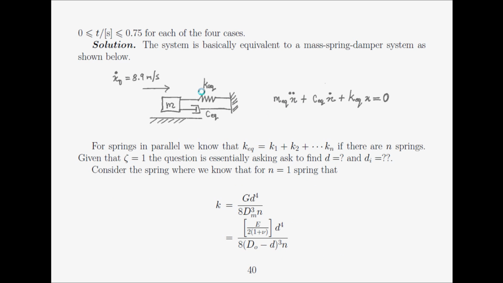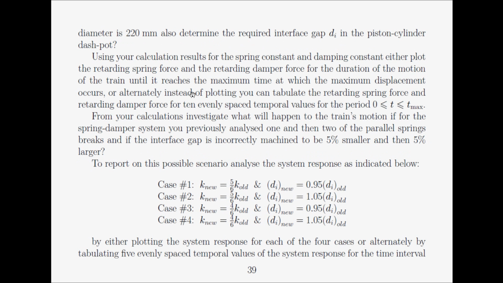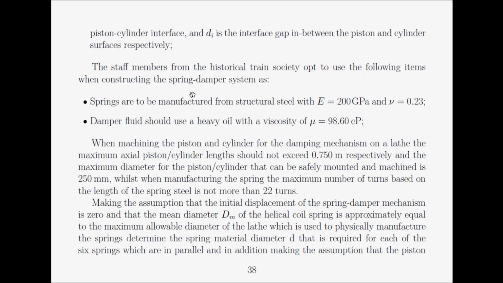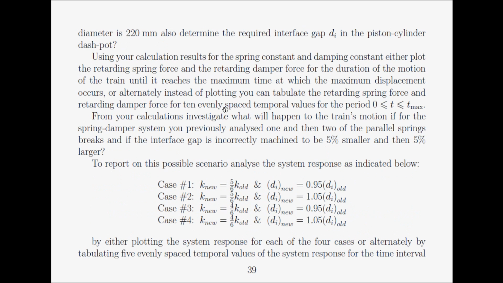Alright, so you've already got the questions in your My Unisa system, and the question is basically to analyze the system and calculate the required interface gap. In other words, you have to design the damper. So the damper and the spring, so the train experiences a certain motion and it exceeds a certain acceleration.